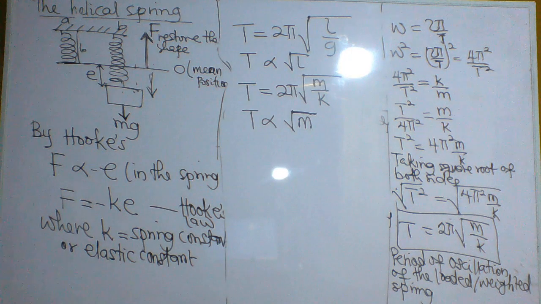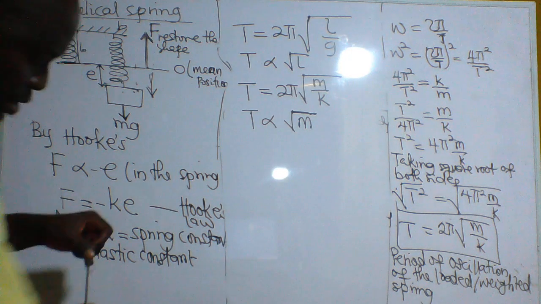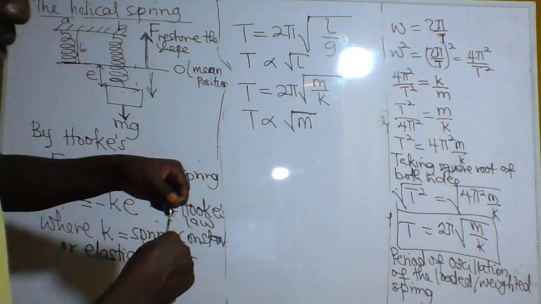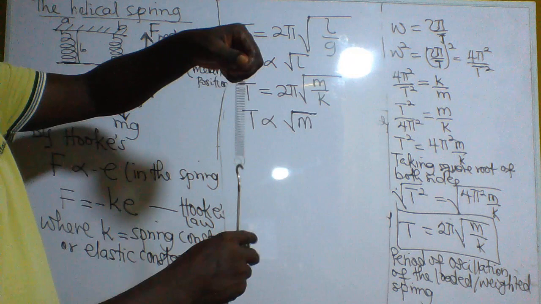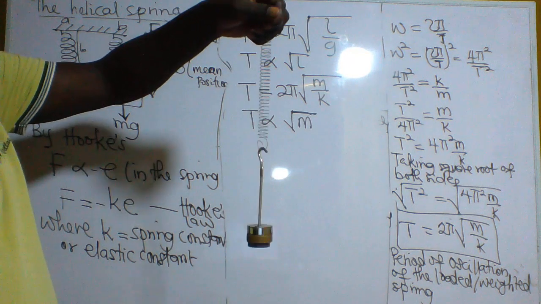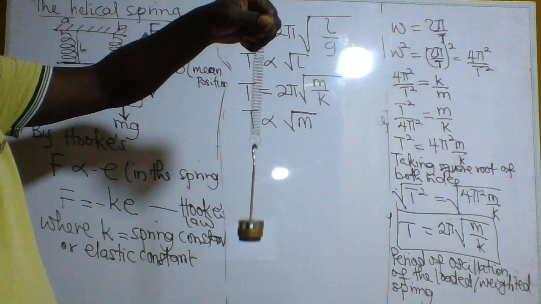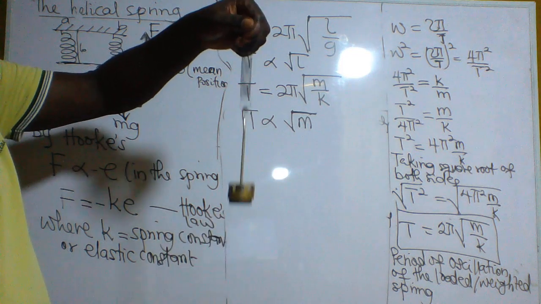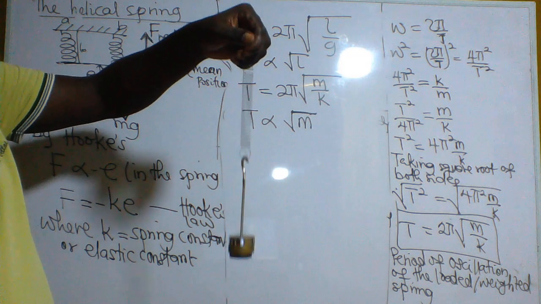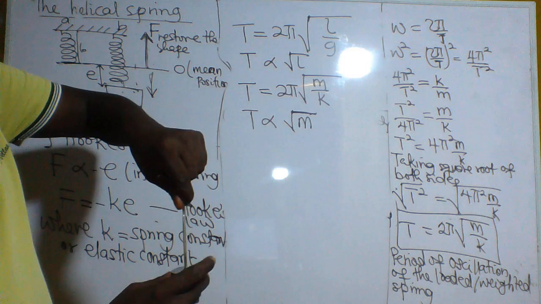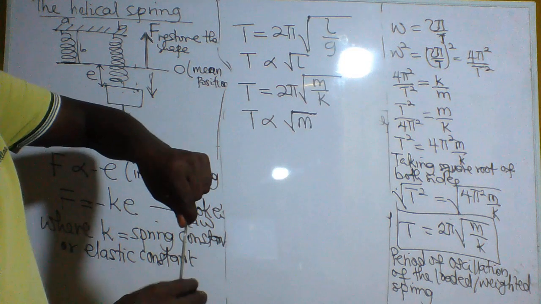Let's take off some of the masses and see what happens. I've reduced it, and you see the object is moving faster compared to the earlier situation. Now let me continue removing some masses. This is 100 gram.